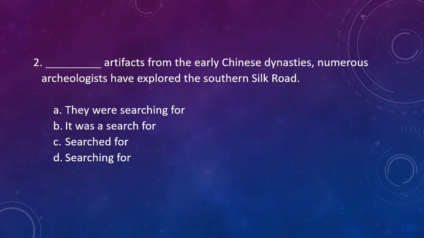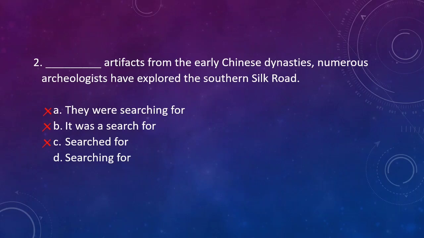A. They were searching for. Incorrect, because it is not the structure for reduced adjective clause. B. It was a search for. Incorrect, because it is not the structure for reduced adjective clause. C. Search for. Incorrect, because the verb is in the form of verb 3, so this is for passive voice.